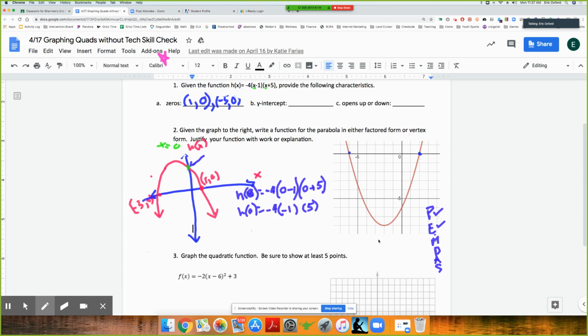How about multiplication? Do we have any multiplication going on here? Yes, negative 4. Okay, so we'll do it from left to right. Negative 4 is the farthest on the left, and then we'll just keep going to the right. What's negative 4 times negative 1? Positive 4. Yep, that's positive 4.